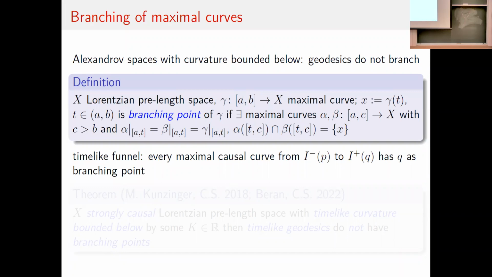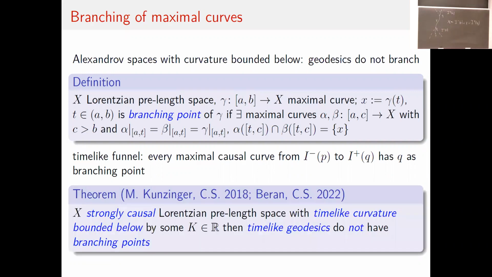Then you can show that this is actually a Lorentzian length space, and any curve from, say, X here to Y here has a branching point because it has to go through this point here. And so this tells you that this cannot have curvature bounded below.